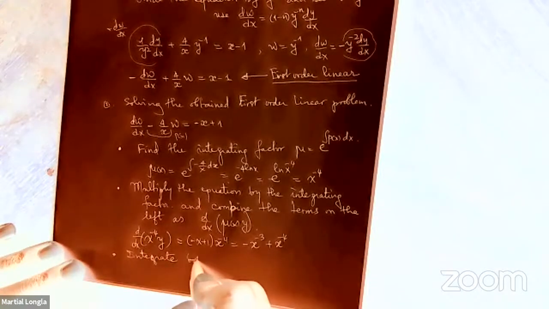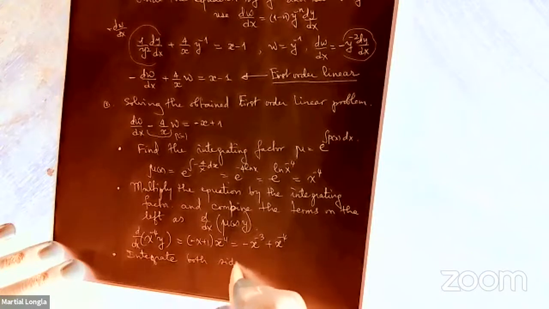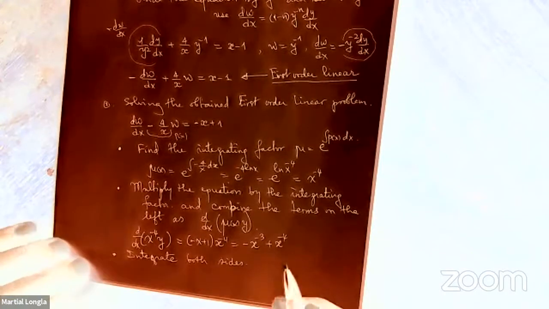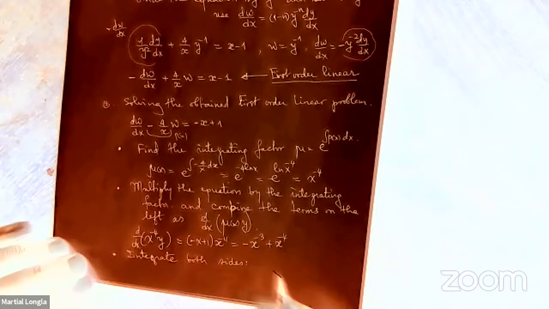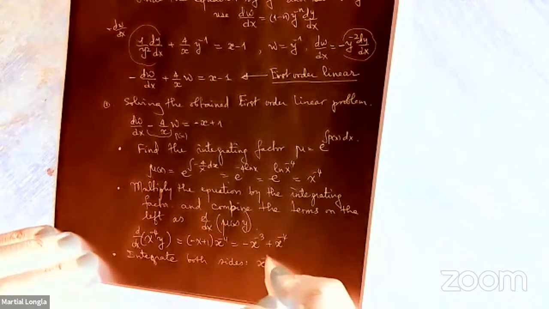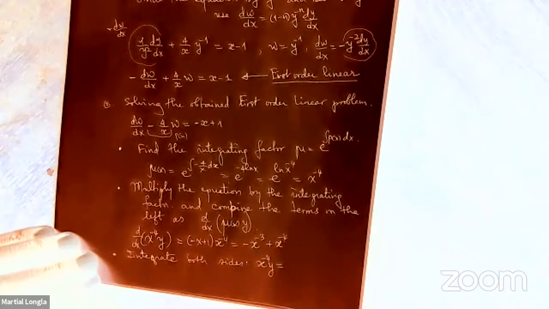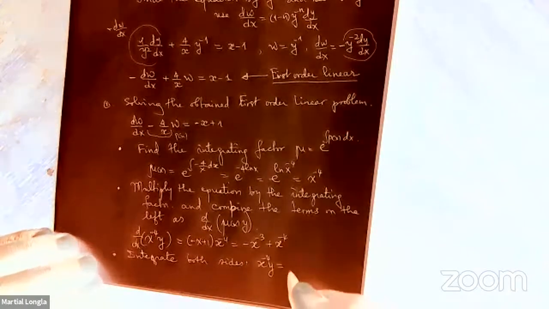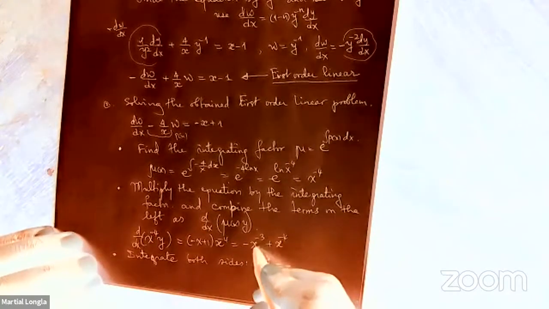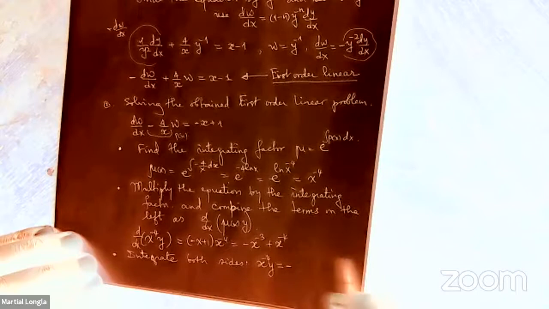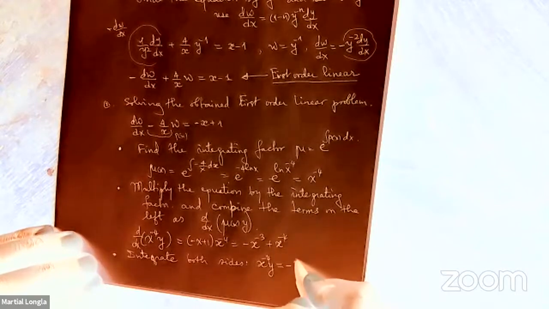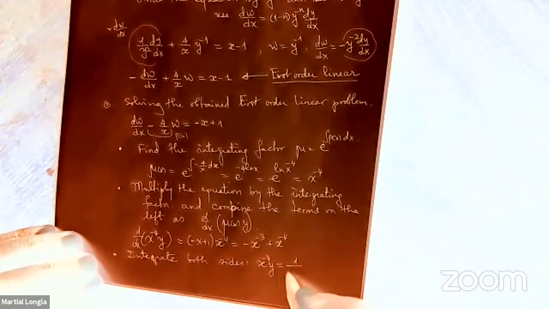Integrate both sides. In this case, when you integrate the left, you get x to -4 y. When you integrate the right, you get negative integral of x to -3, which is x to -2 over -2, so it gives you 1 over 2x squared.